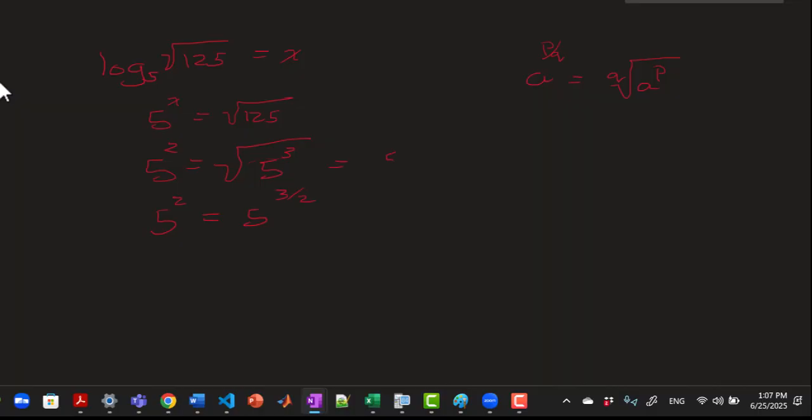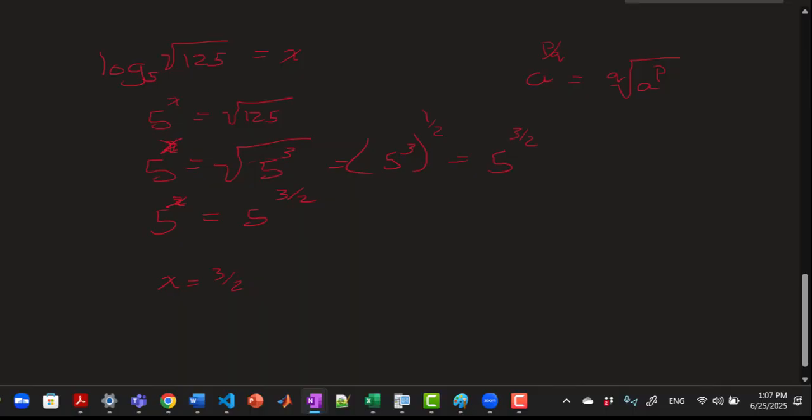Because this is 5 to the third to the 1/2. And that's 5 to the 3/2. So this is 5, I don't know why that turned into a squared. That should be an x. 5 to the x equals 5 to the 3/2, and so x equals 3/2.